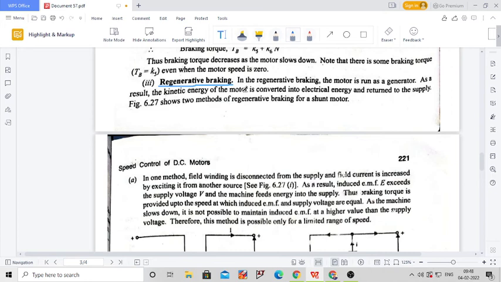Now in regenerative braking, we can regenerate that particular energy. Here kinetic energy is initially converted into electrical energy. Without losing that electrical energy as heat dissipation in resistance, we can use it for either charging certain battery sets or capacitor banks, or we can feed that energy back to the supply. So there is a regeneration of electrical energy. Therefore this method of braking is generally known as regenerative braking.